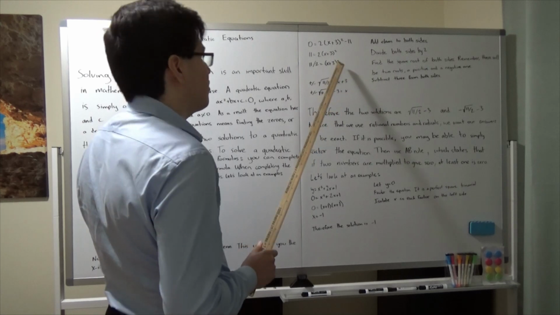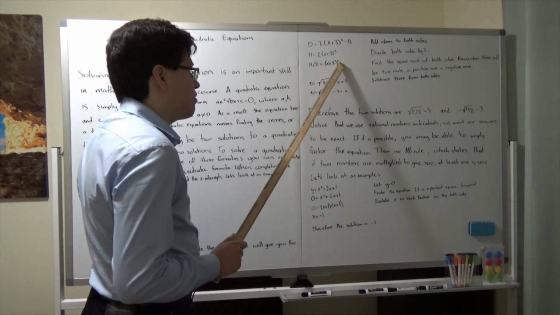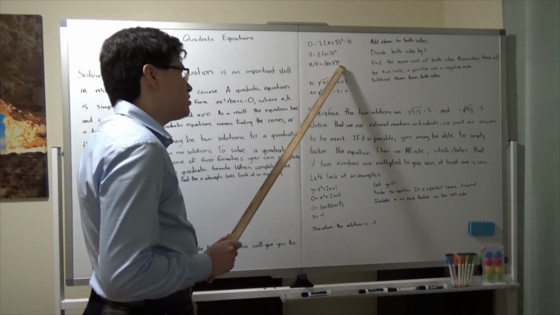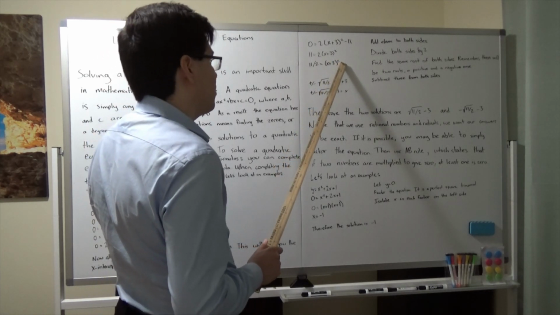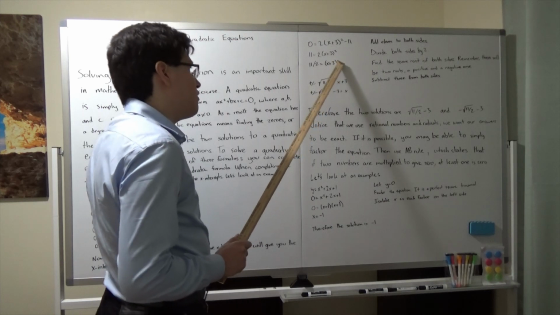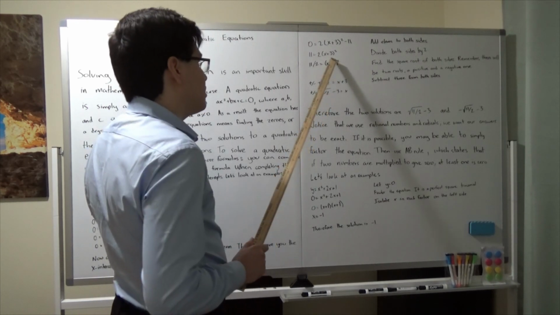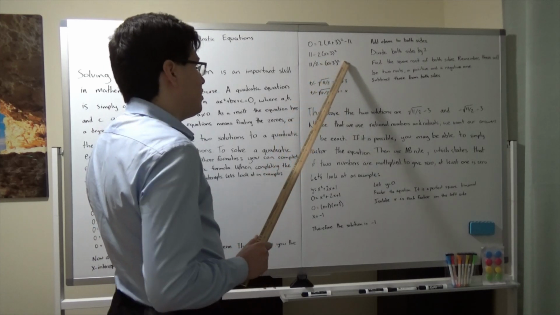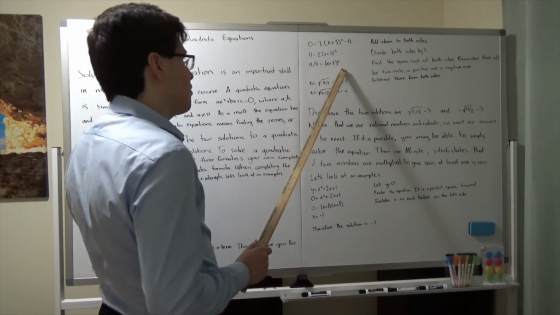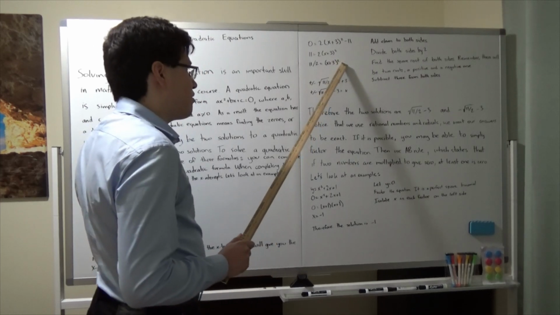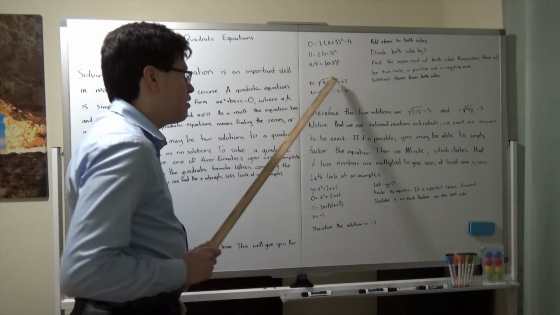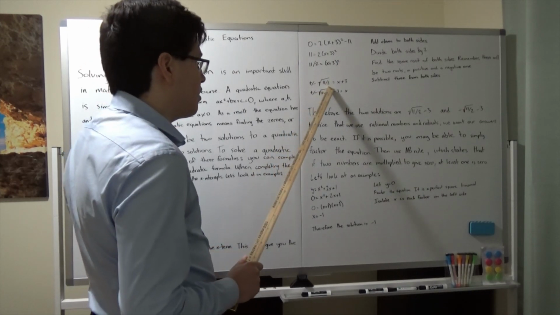Then we find the square root of both sides. Remember, there will be two roots, a positive and a negative one. To get rid of the power of 2, we need to take the square root of both sides. And we need to take a positive and a negative root, because a square root always has a positive and a negative root, like we did here.